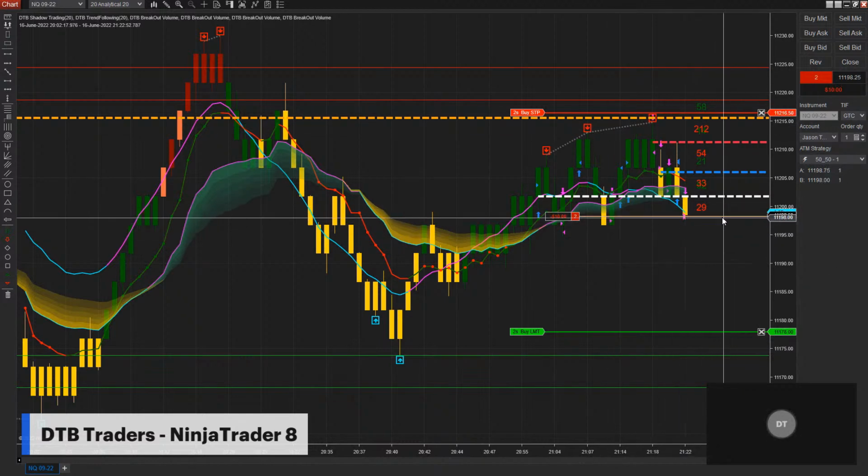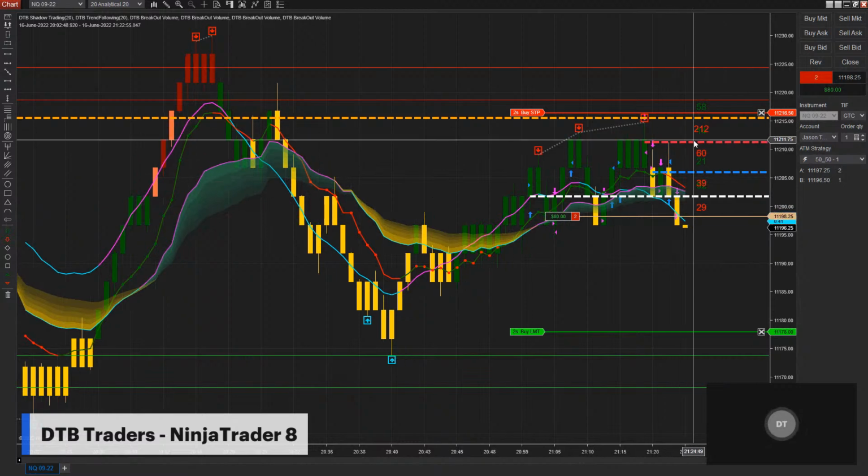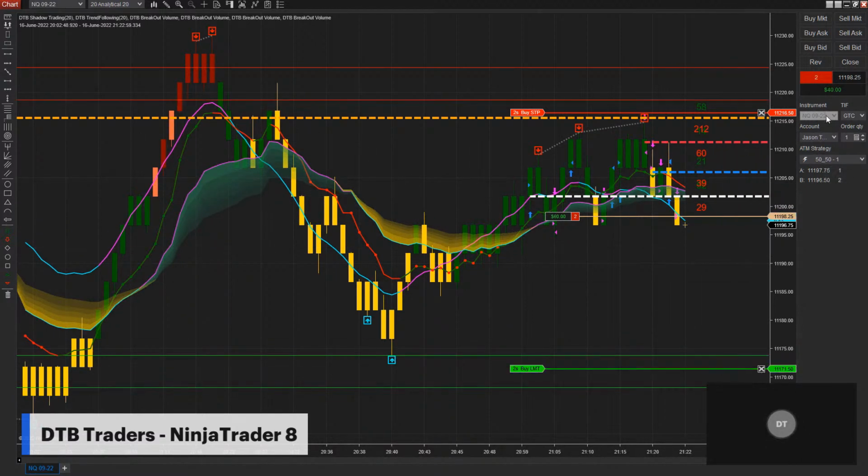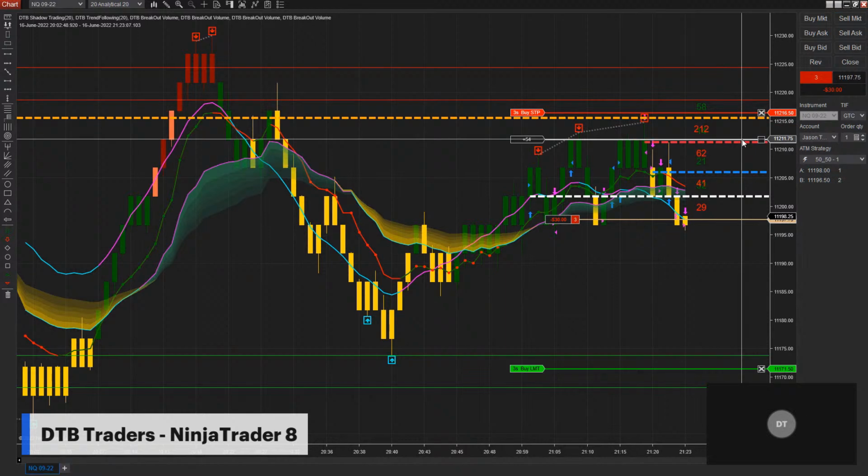Obviously, we're looking at divergences. We're looking at the coloring of the bars. We're looking at where these breakout markers are left. So I think they've finished messing around with us at the moment. And this price definitely looks like it's going to the downside.